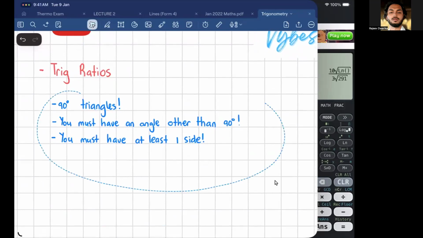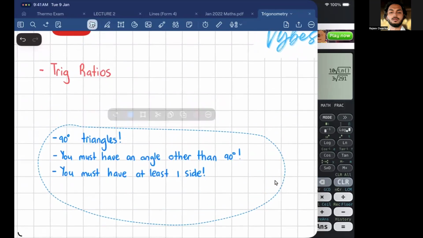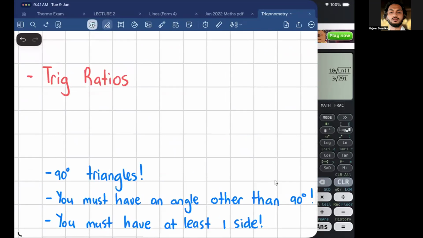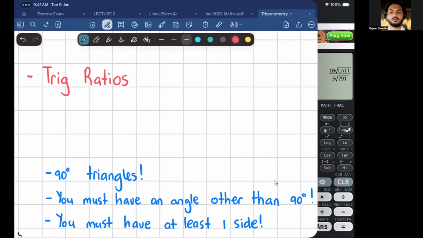And the trig ratios are SOHCAHTOA. It kind of sounds like soccer too, right? SOHCAHTOA, right? Sine, cosine, right? So sine theta is O over H, right? Cos theta is A over H, right?